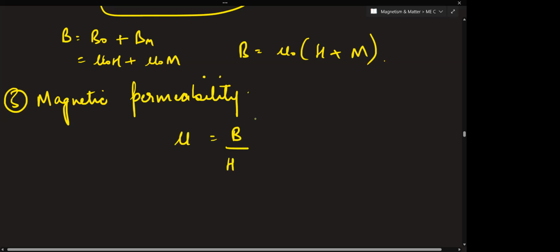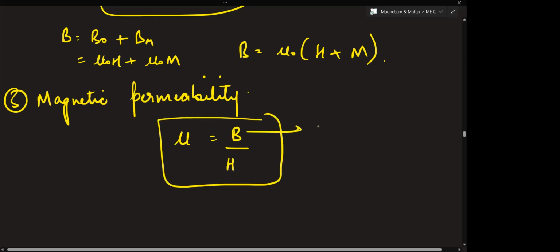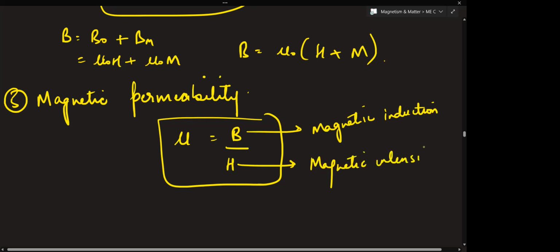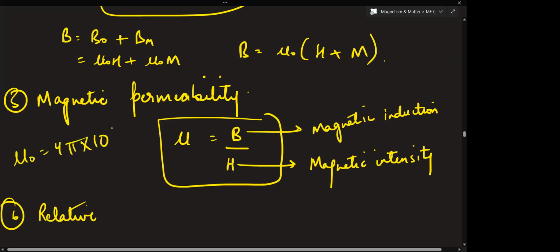This is magnetic induction, remember B we had written, and this is magnetic intensity. This is magnetic permeability. Then you have relative permeability. Permeability is the same. For free space, it is 4 pi into 10 to the power minus 7. Unit will be Tesla meter per ampere. Rest of it remains the same.